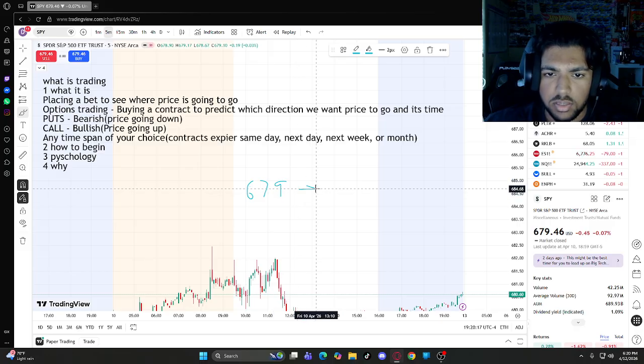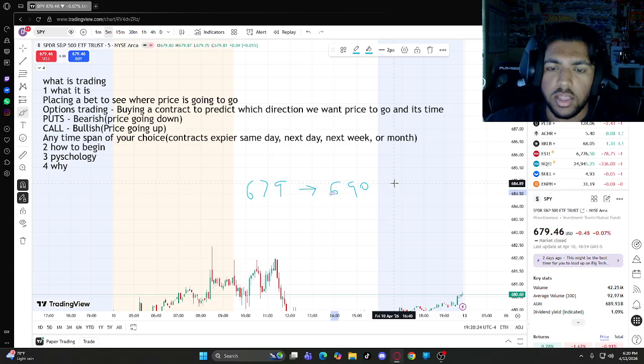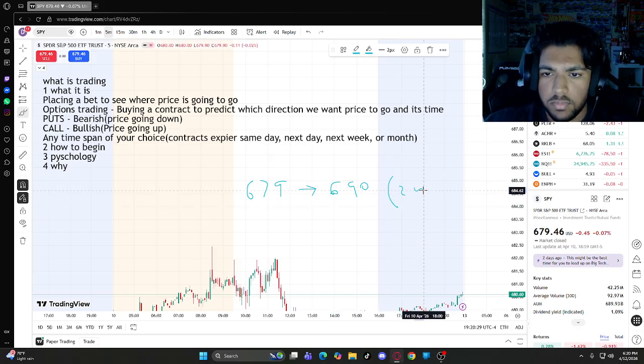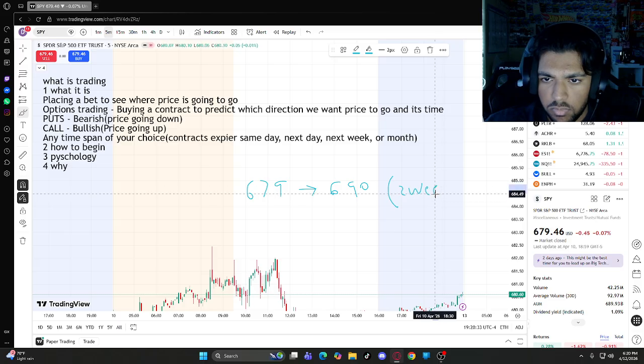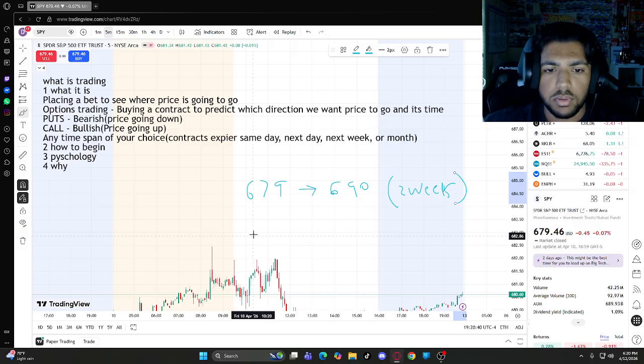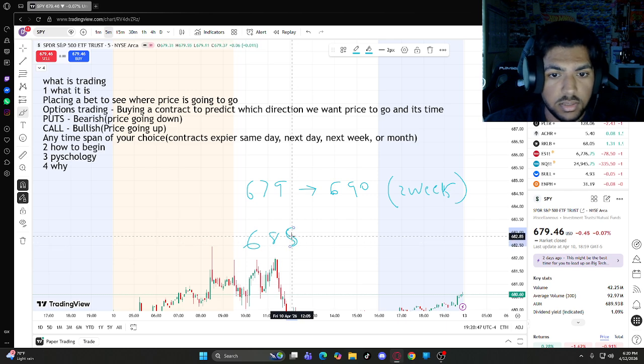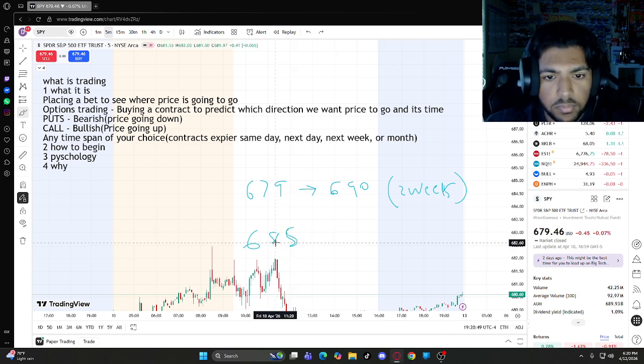Say we want price to go up to 690, and we want this to happen in 2 weeks. But say for example, price comes up to 685 in 3 days.